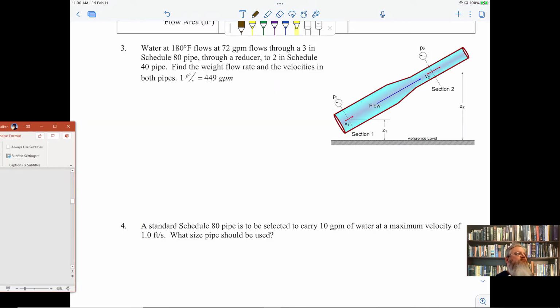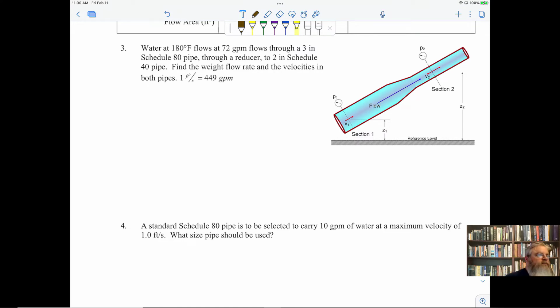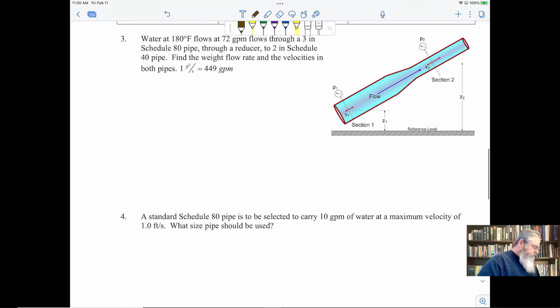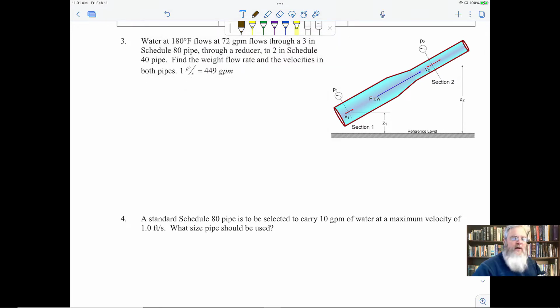So let's work this problem out together as well. As usual in these problems, we're going to have to look stuff up.